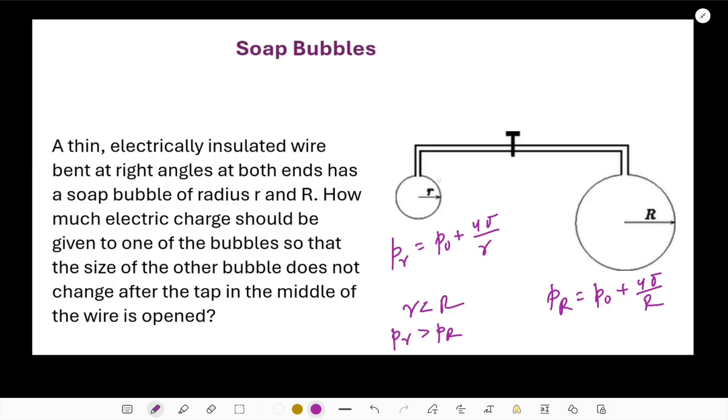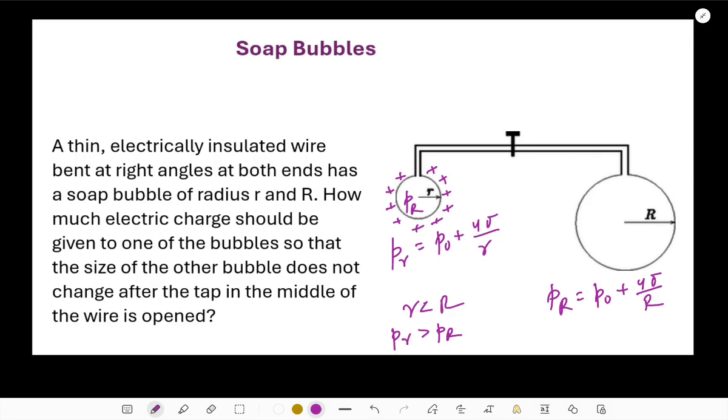That means we need to put some charge on this smaller bubble to increase its radius. It can be positive or negative, any charge, because charges are going to repel each other, so that its radius will increase. And when it increases, the pressure inside will decrease, and we have to keep it equal to the pressure inside this larger bubble so that its size remains intact. It should not change.